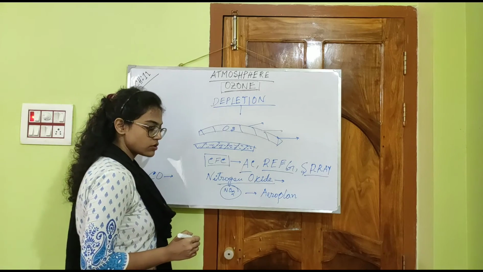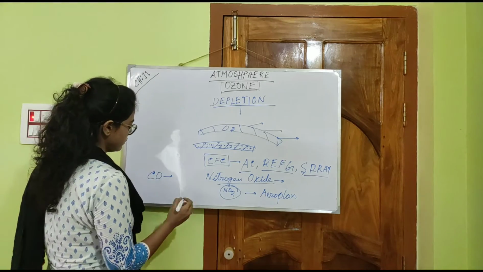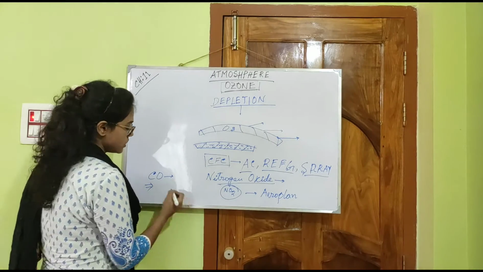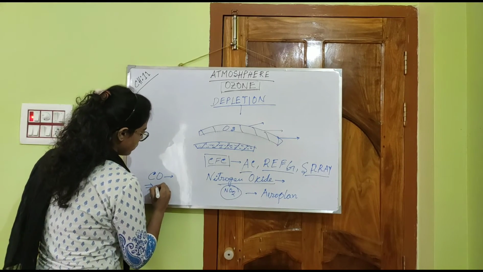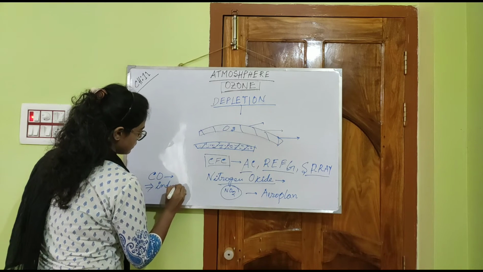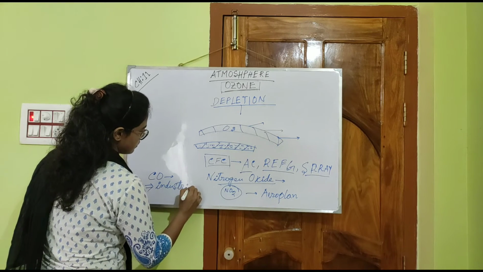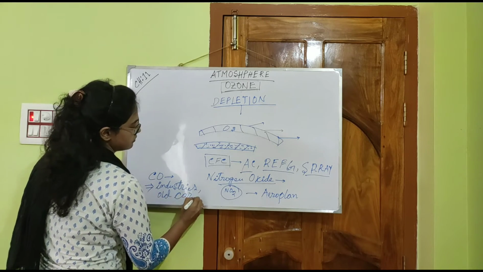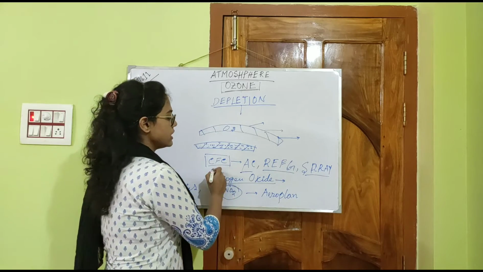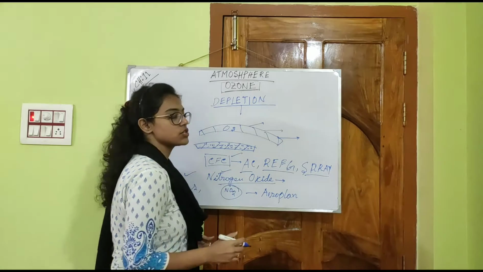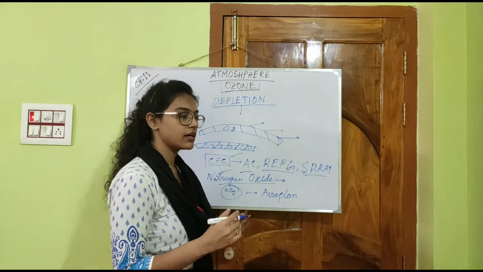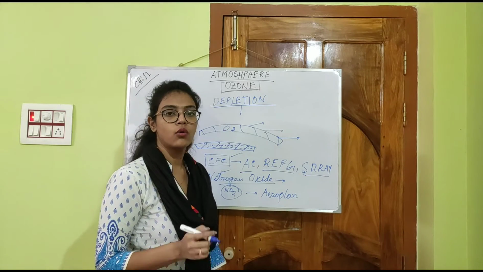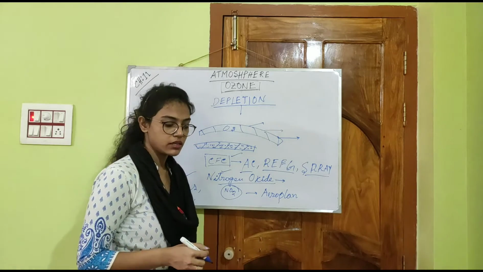This carbon monoxide is coming from industry and old cars. These are three gases which are mostly harmful, and they are continuously in our atmosphere, depleting the O3. How is it happening?